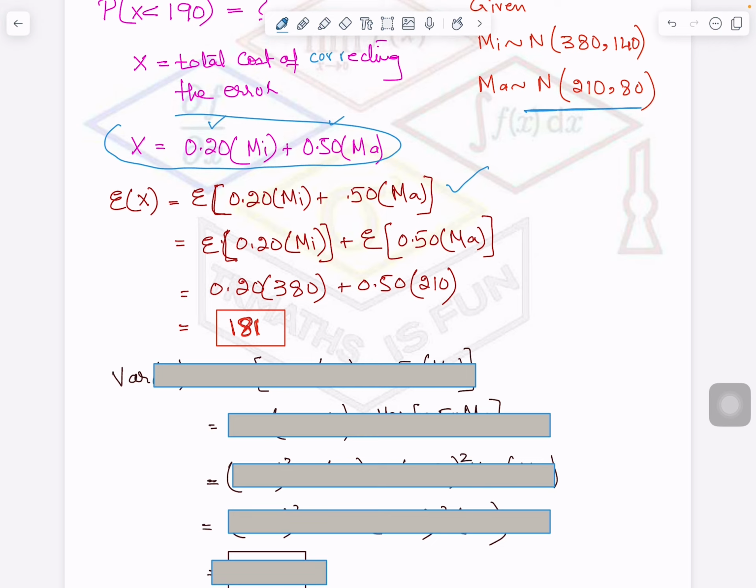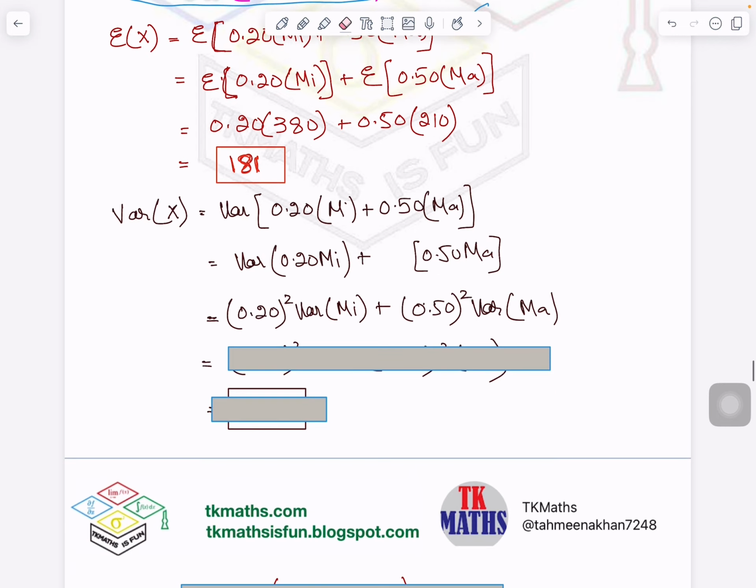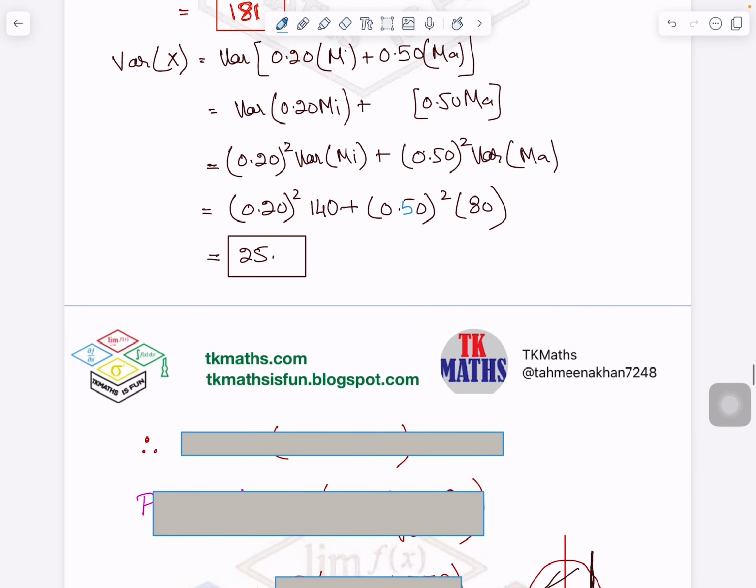Now when we are finding variance, this time it will be squared because it is a case of multiples, so I will square here. I'm doing it stepwise. You don't need to write all these steps in the exam, but this is for your understanding. So the variance is basically 25.6. Let me write it here, it was erased by mistake.